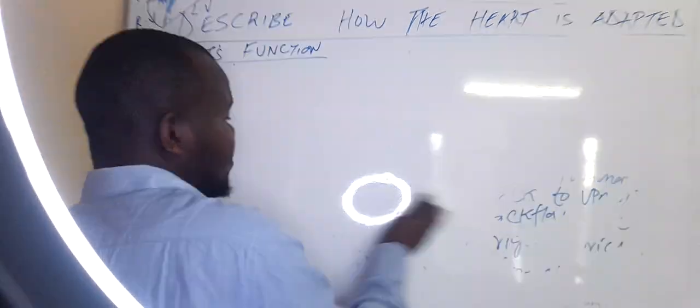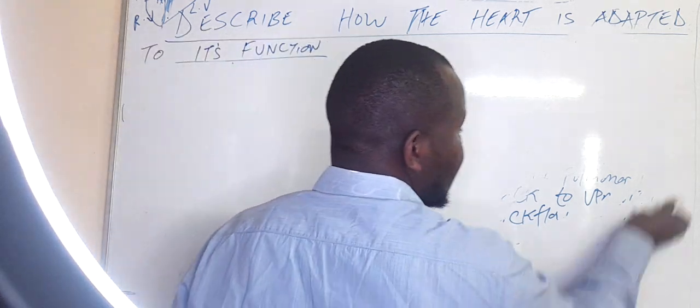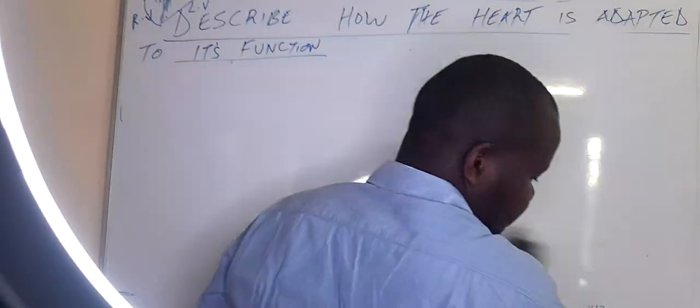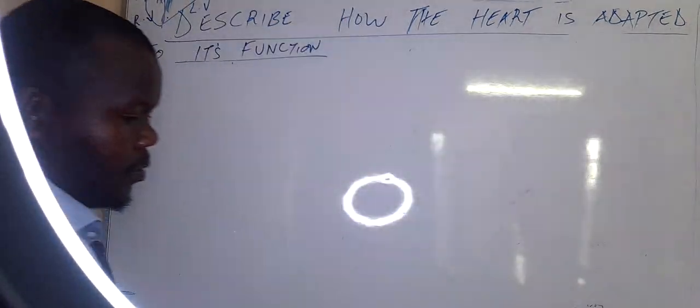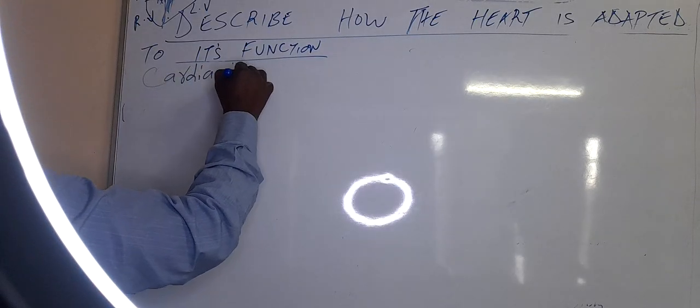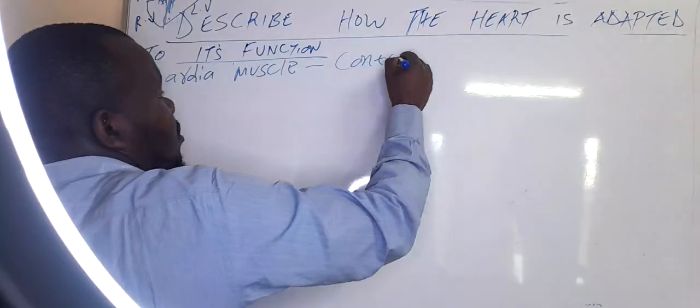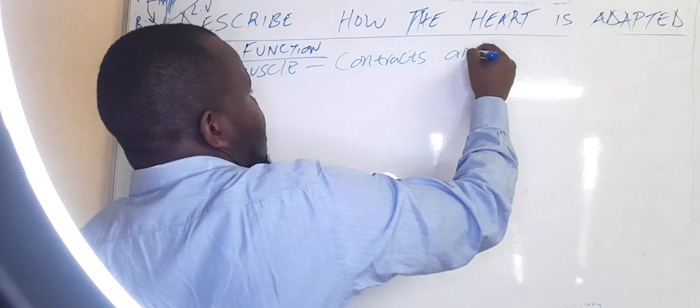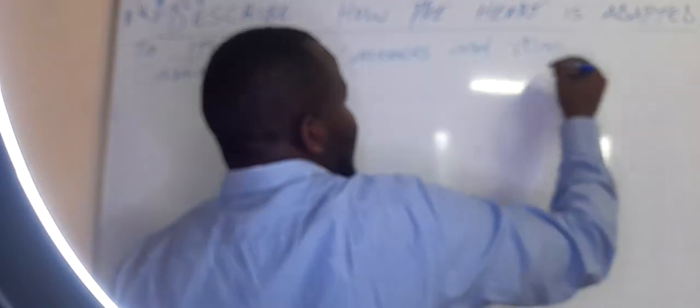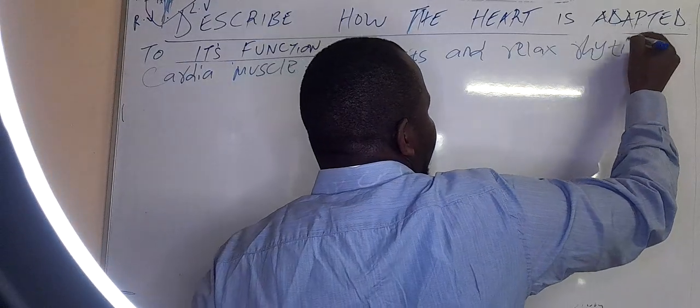These muscles are located in the ventricles. This cardiac muscle contracts and relaxes rhythmically.